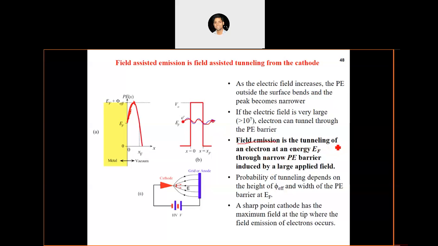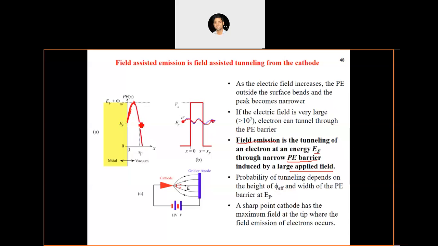Field emission is the tunneling of an electron at an energy level, at the Fermi energy level, through a narrow potential energy barrier induced by a large applied field, right? This emission is happening only because of the applied field. When we apply a large enough electric field, there will be narrowing of this potential energy barrier as well as shortening of this potential barrier also. Shortening of the potential barrier also plays an important role.